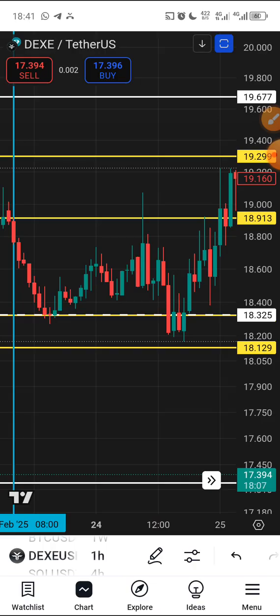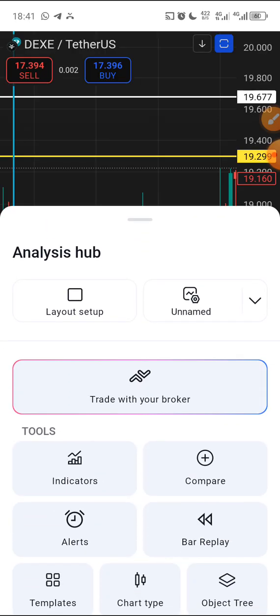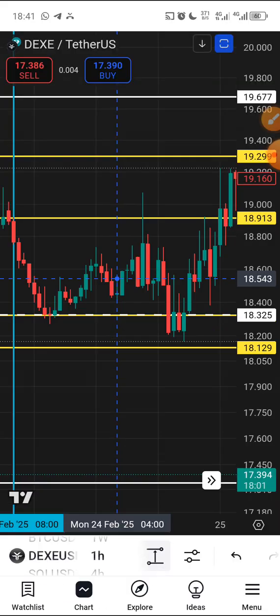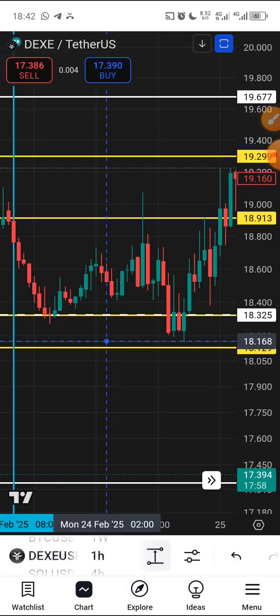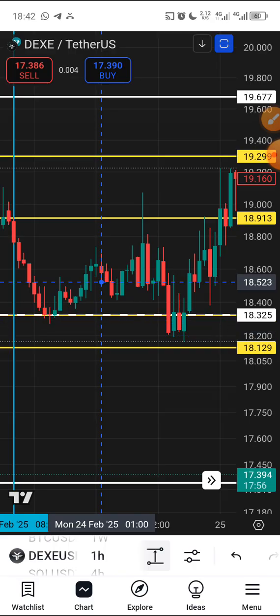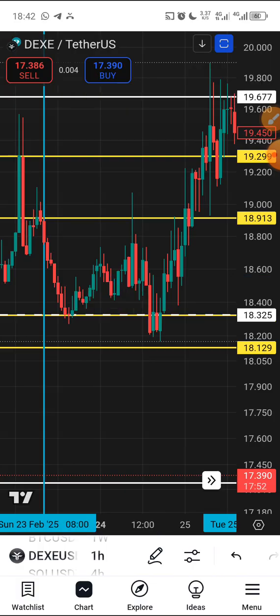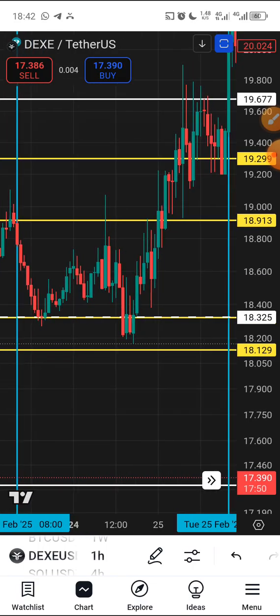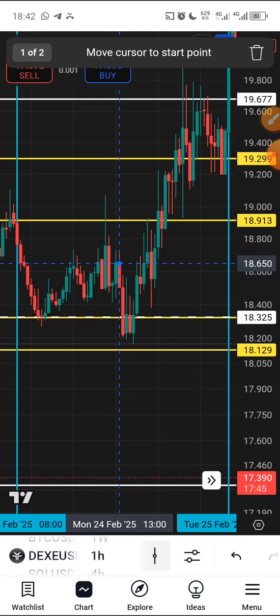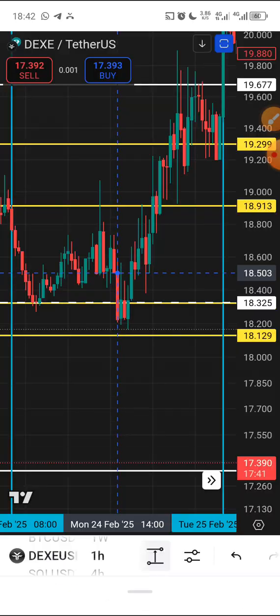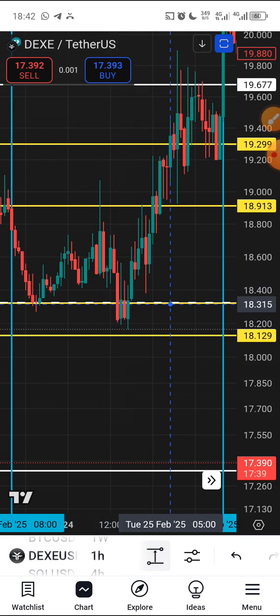So you begin by measuring. You bring your price range and try to put it at your point of entry, which is the dotted line, right? You come, press it there.